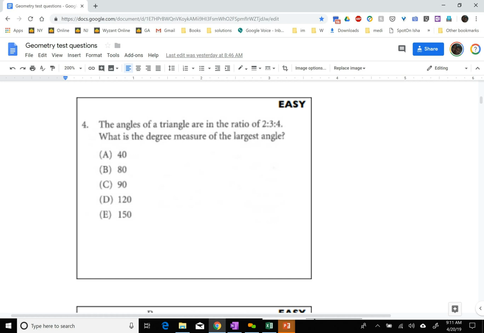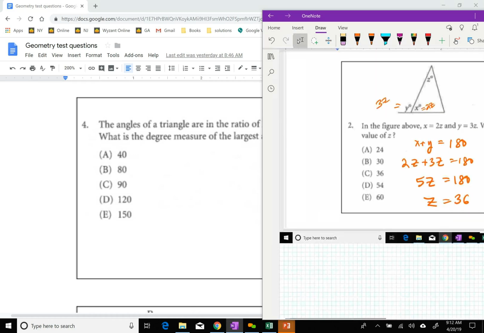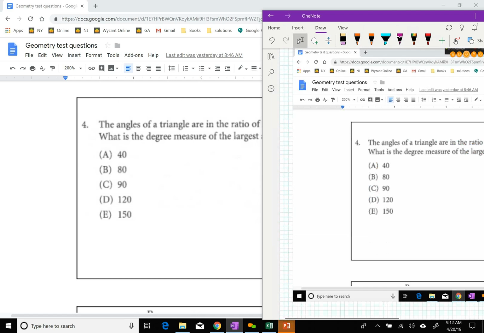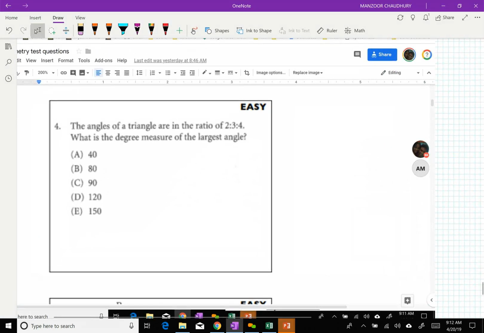No. So 2, 3, 4. Let's call it 2x, 3x, 4x.